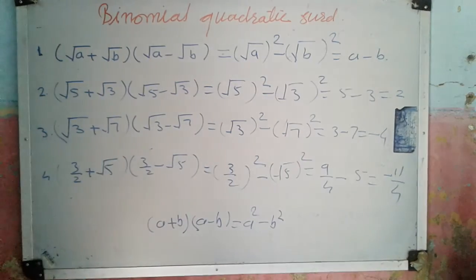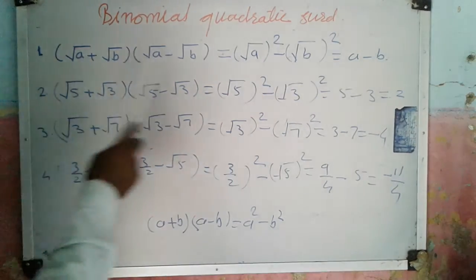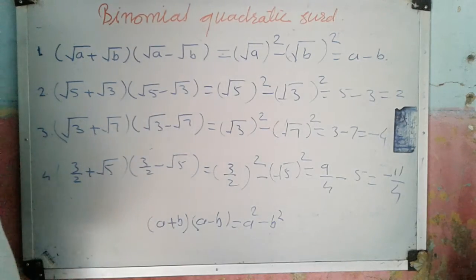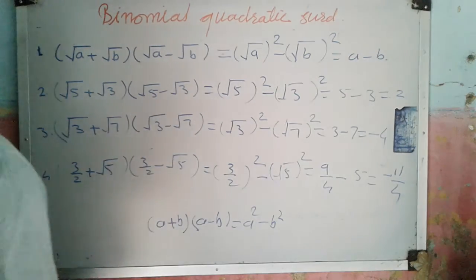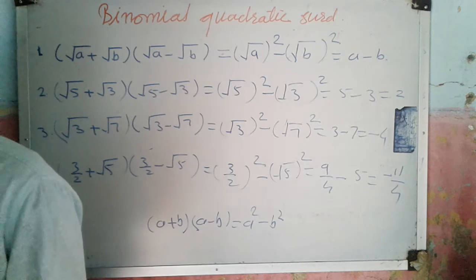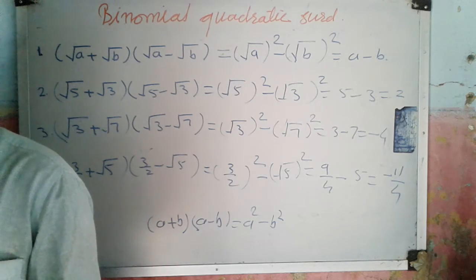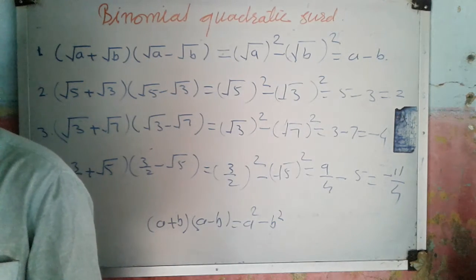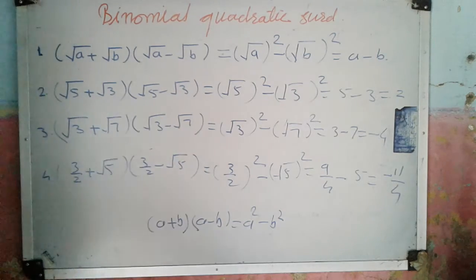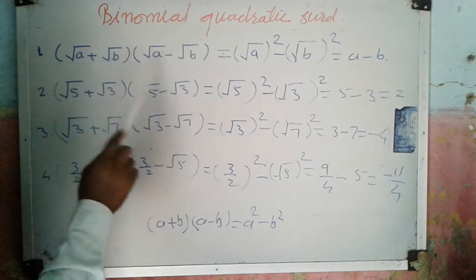So in this case the product of two binomial surds is a rational number, hence these are conjugate pairs of each other.